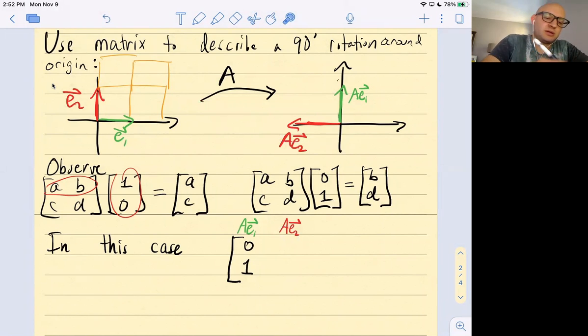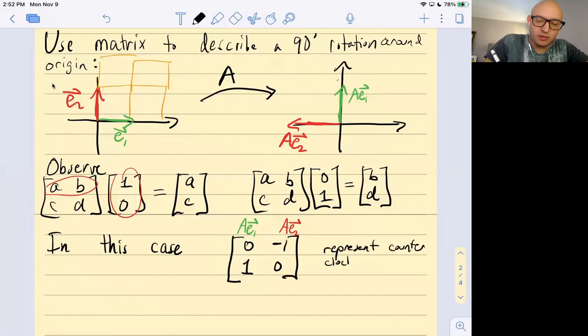Perfect. So it's going to be negative 1, 0. So this matrix, 0, 1, negative 1, 0, represents a counterclockwise 90-degree move.